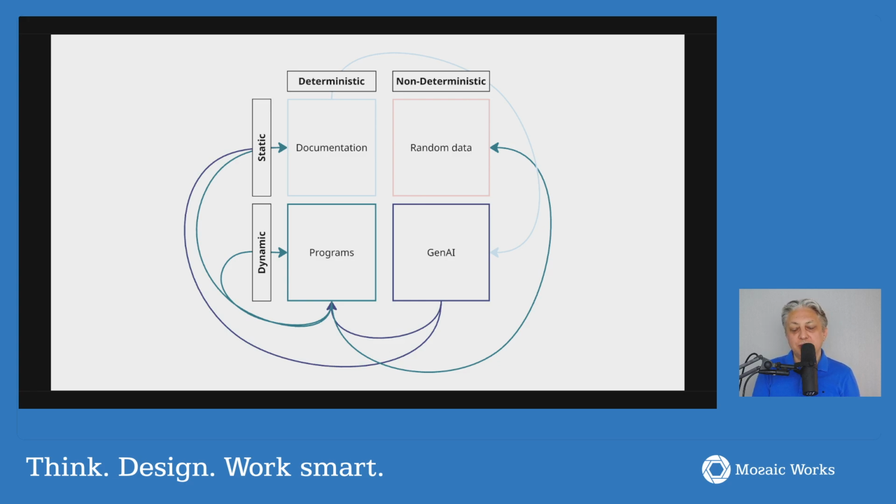Then we have more structured documents like Gherkin acceptance criteria, given, when, then, example mapping and all that stuff. And those are again very useful, but those are more constrained, still static, more constrained.